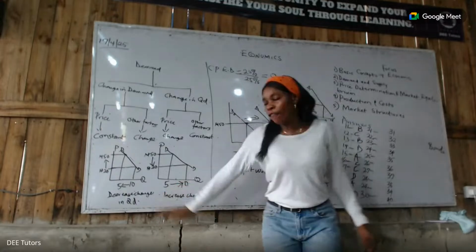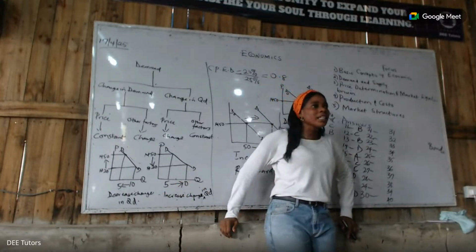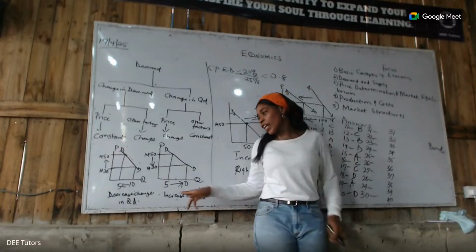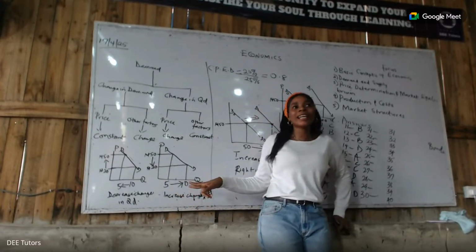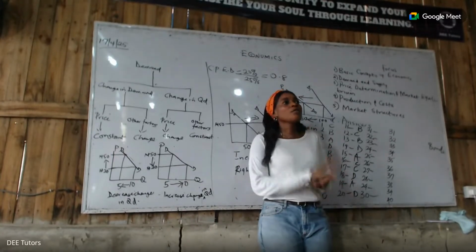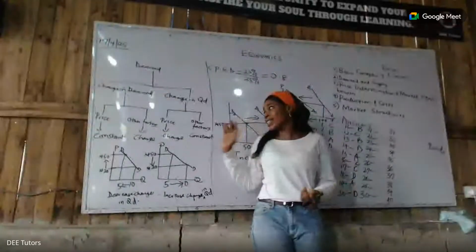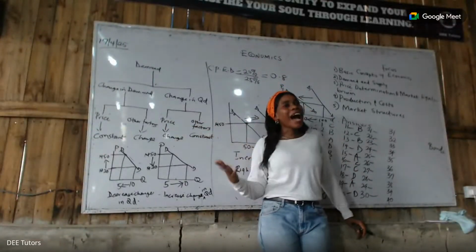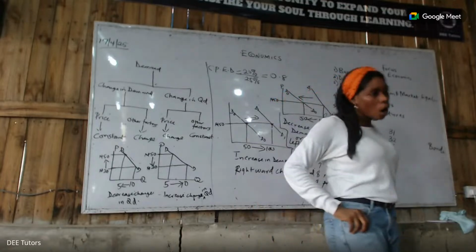These are the two types of change in quantity demanded. We have an increase in quantity demanded and we have a decrease in quantity demanded. Remember, in a change in quantity demanded, the price will change while the other factors that affect demand remain constant.